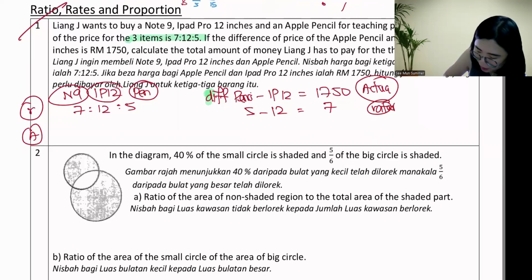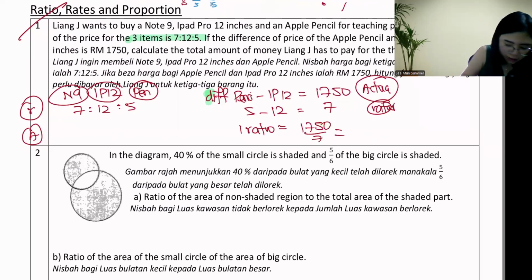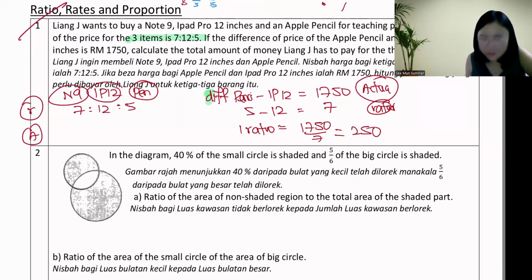So I'm going to find 1 part. 1 ratio or 1 part is equal to 1750 divided by 7, which is 250. And the answer they want is the total amount paid by Liang Jie. So you times everything by 250, because 1 part, 1 ratio, 1 number equals 250.